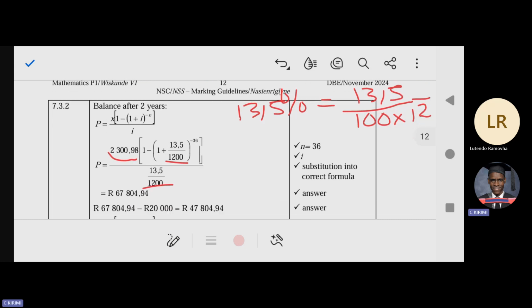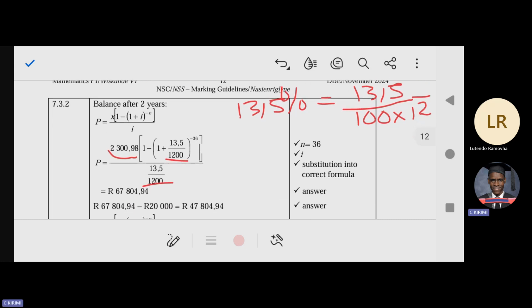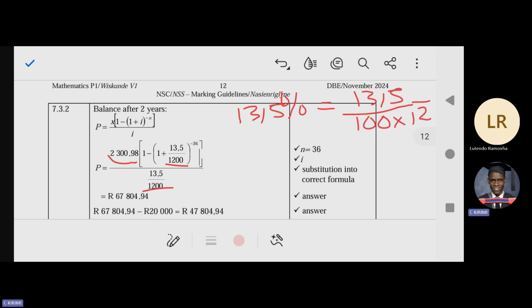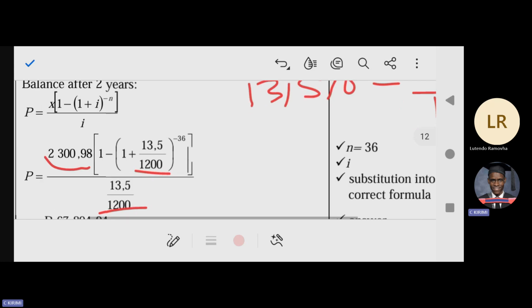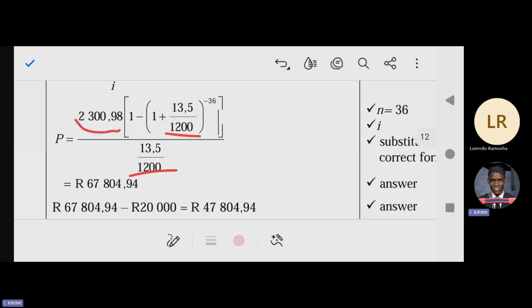That is the balance. Now we are starting from the 3 years where we are now, saying that we want to start the new 3 years, which means 2 years have elapsed. So now we are calculating for the new 3 years which are coming, the same thing.